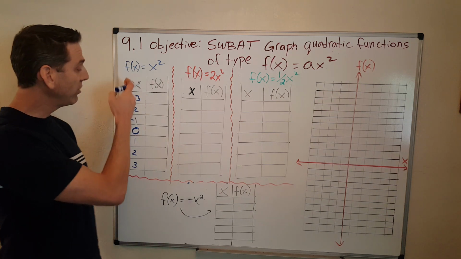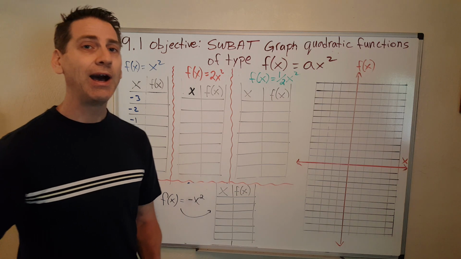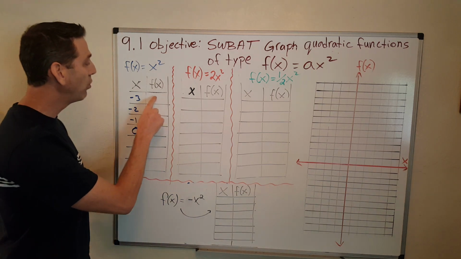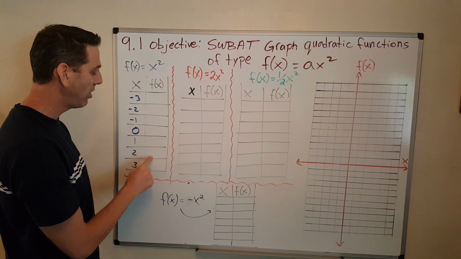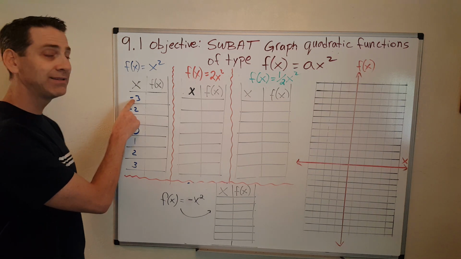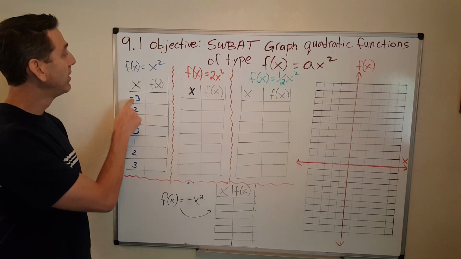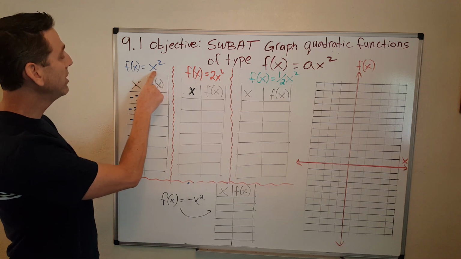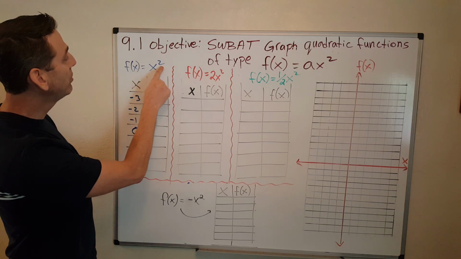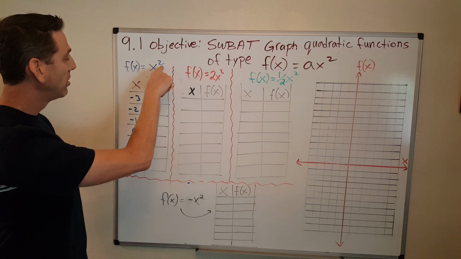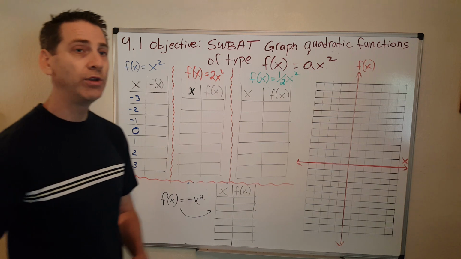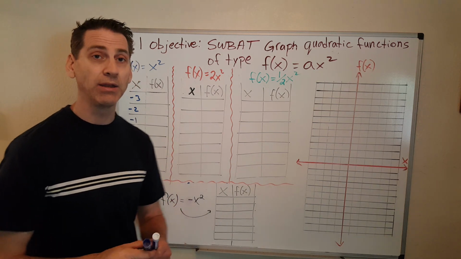Now for each one of these x values, I'm going to determine what my f of x values are. When x is equal to -3, I get -3 squared, which is -3 times -3, which is 9.